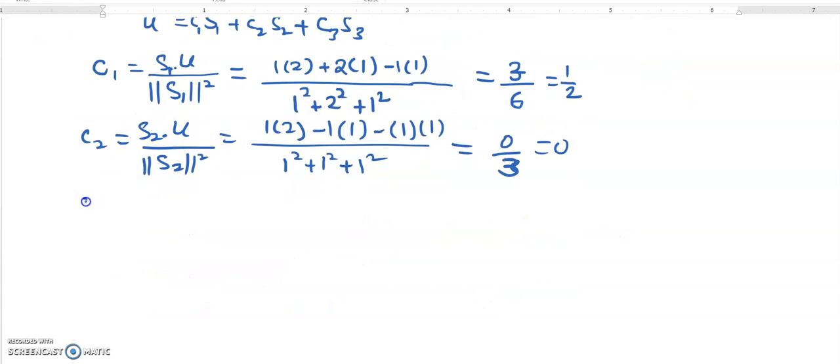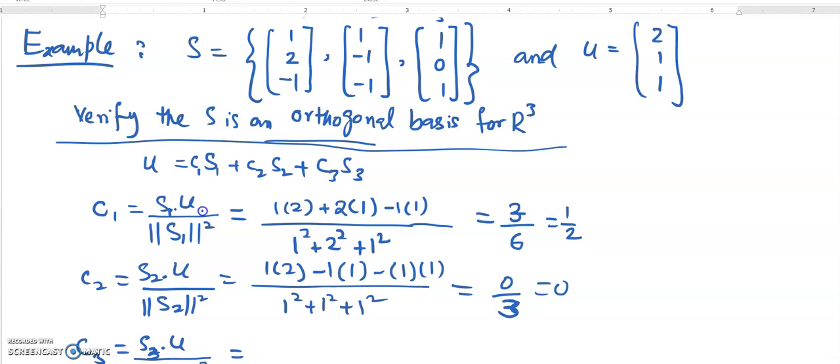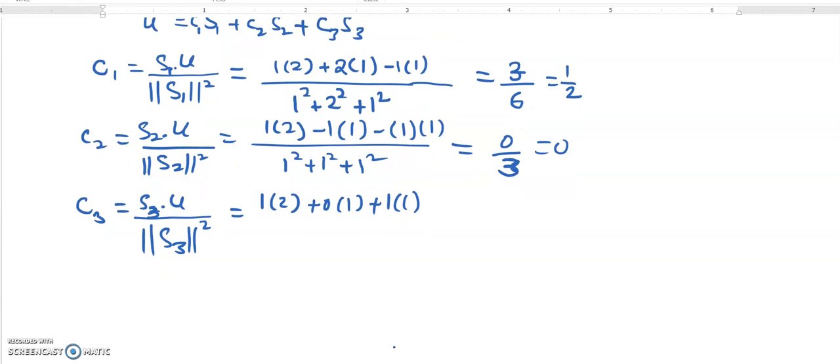And then C3 will be S3 dot U over the S3 norm squared. So what will be S3? S3 dot U is 1 into 2 plus 0 into 1 plus 1 into 1, divided by 1 square plus 0 square plus 1 square.